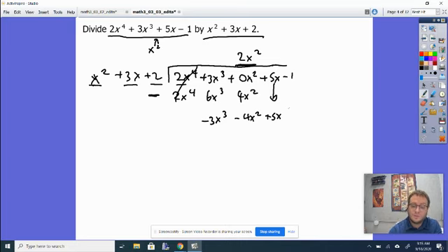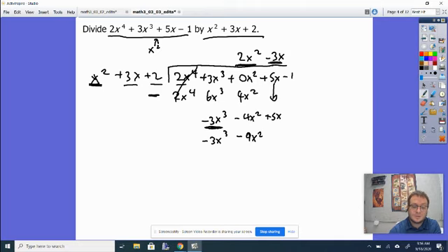Again, I'm going to look at my new front term. How do I get from x squared to negative 3x cubed? Well, I'm going to do negative 3x, multiplying this to the front. Negative 3x times 3x is negative 9x squared.